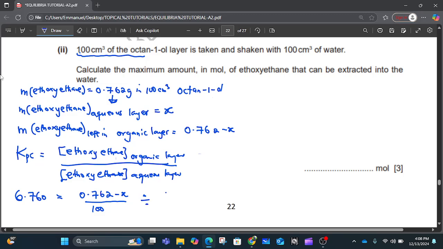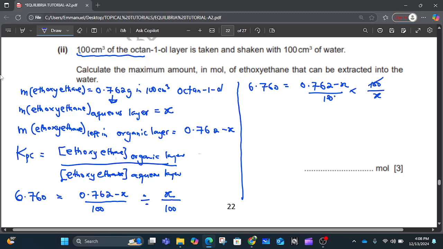The mass in the aqueous layer is X grams over the volume, which is 100 centimeter cube. So it means that 6.760 is equal to 0.762 minus X divided by 100 times 100 over X.